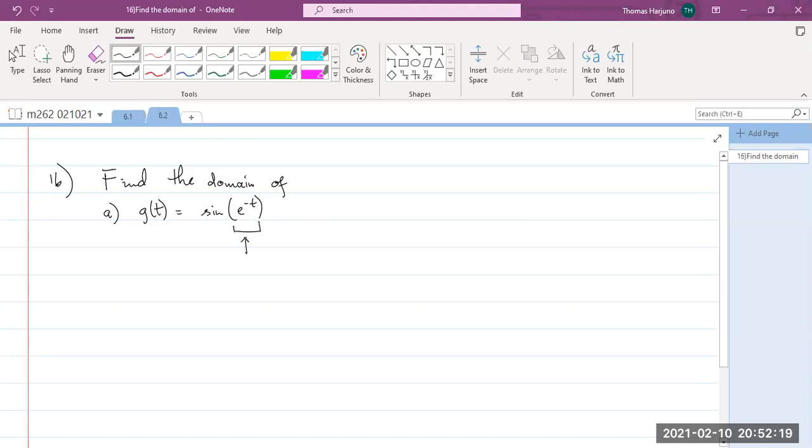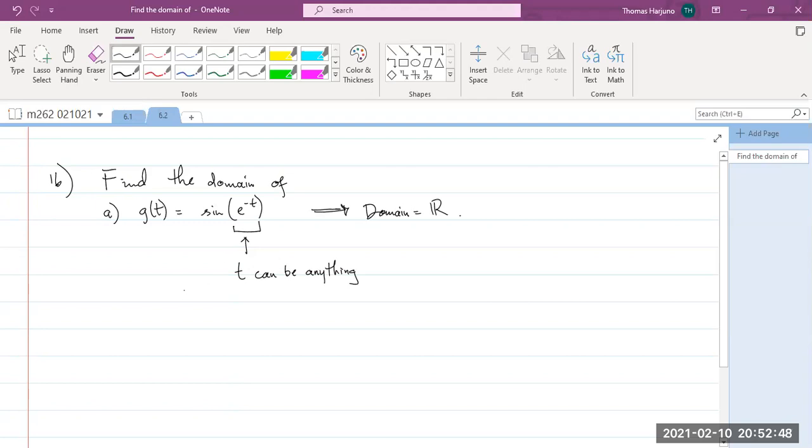Because it can be everything, then t can be everything also. Of course you don't write it this way. You will say, then the domain is all real numbers.